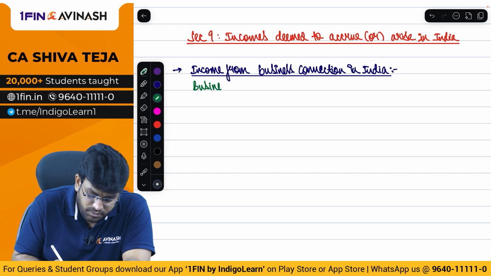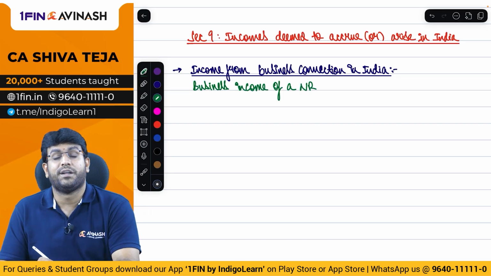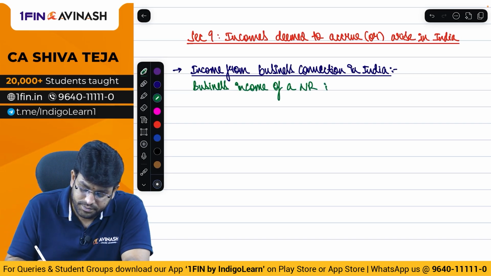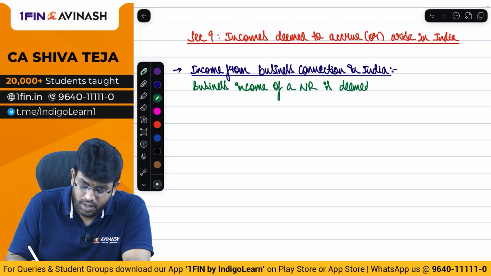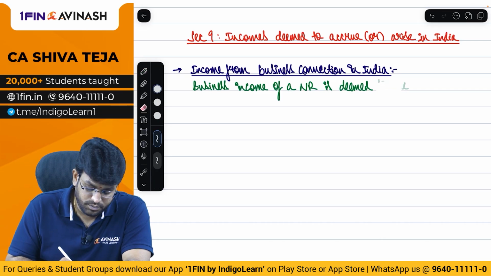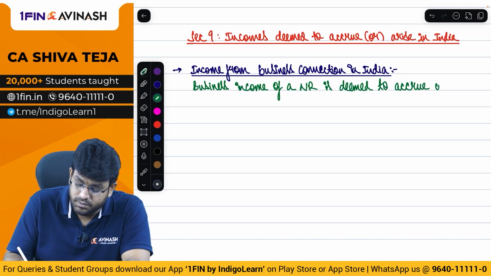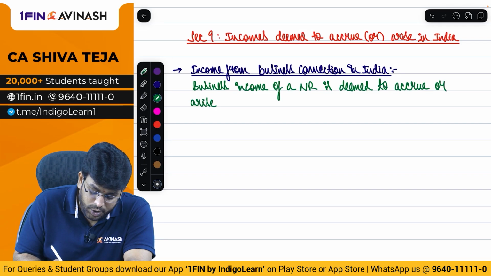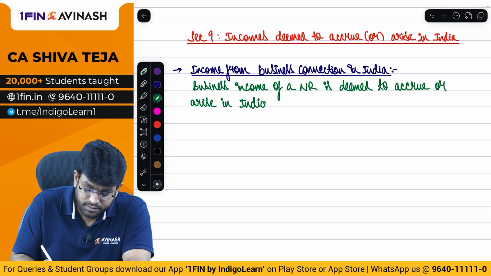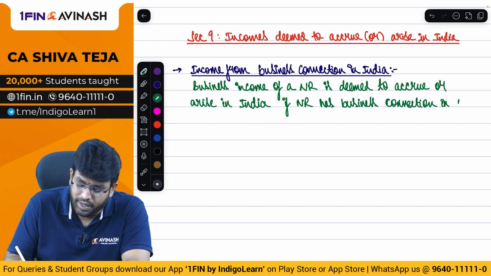Because business income of a non-resident is deemed to accrue or arise in India if the non-resident has business connection in India.